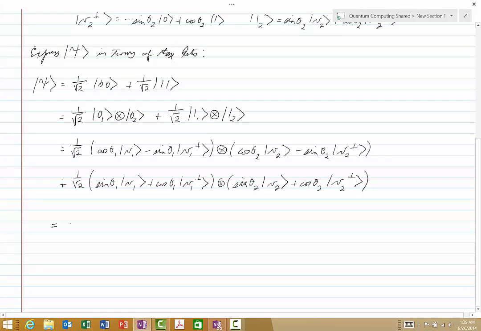And now if we put this all together, of course 1 over square root of 2 is common to all of those terms.